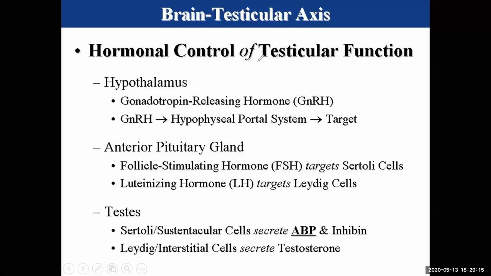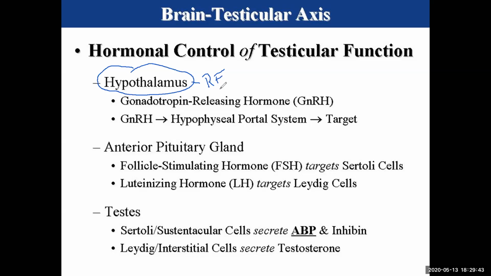So, hormone control over testicular functions. Starting with the hypothalamus, the master switch of the endocrine system, which is a neural structure. So the hypothalamus belongs to the nervous system, and the nervous system controls the entire endocrine system through the hypothalamus. So the hypothalamus releases a regulatory factor, RF, which is a hormone.